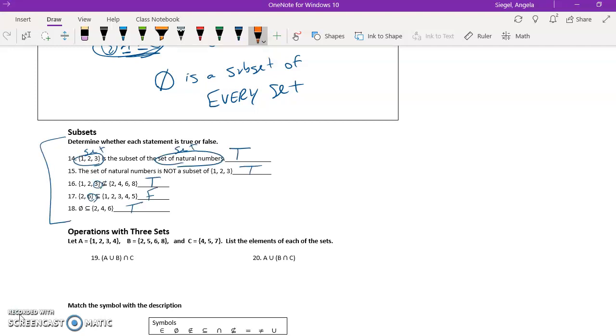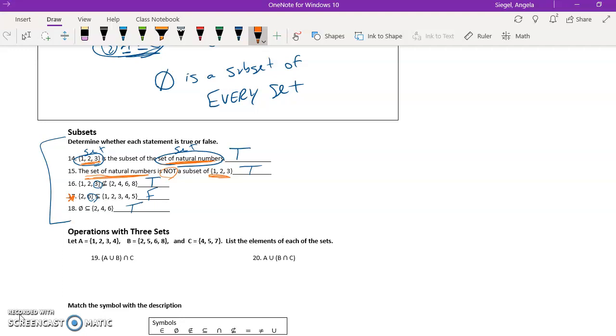The only problem that's false is this one. If you'll notice, this is a set compared to a set. So we have a smaller set going into a bigger set. So that's true. Here we have a bigger set going into a smaller set. So it says it's not a subset. So that's true as well.